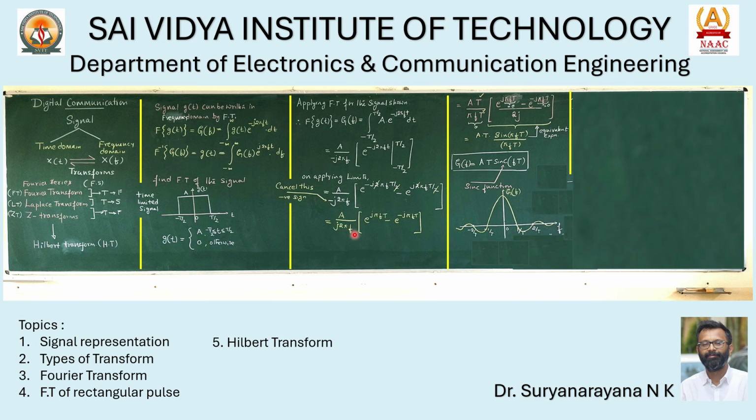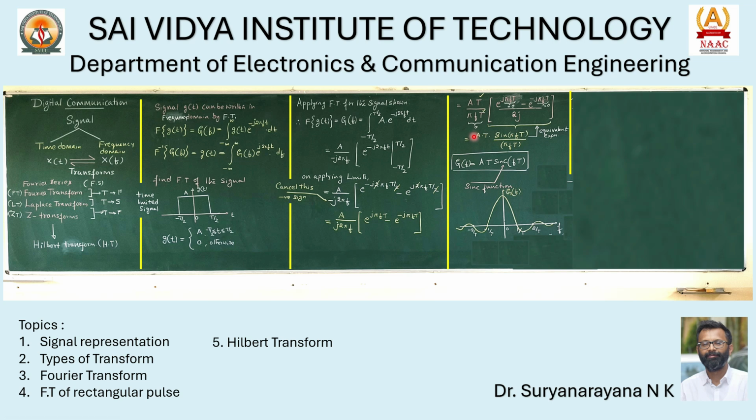In the denominator I have pi f here. So I am going to bring this 2j inside the bracket and I am going to add the T factor in the denominator and in the numerator, so that this equivalent formula represents sin pi fT.